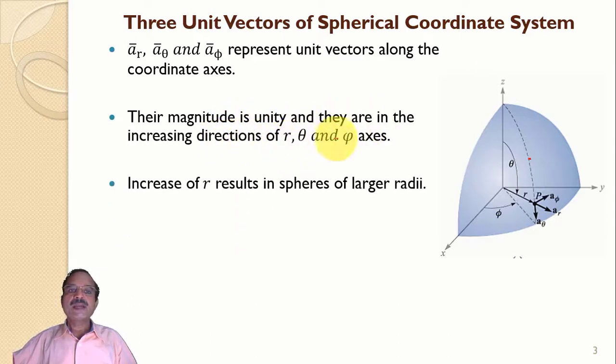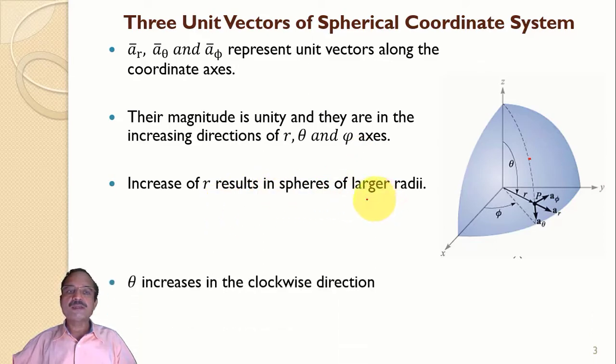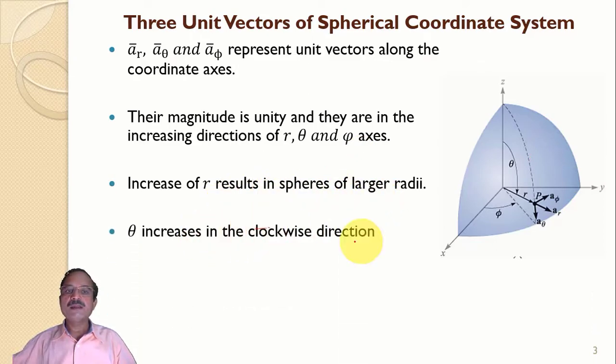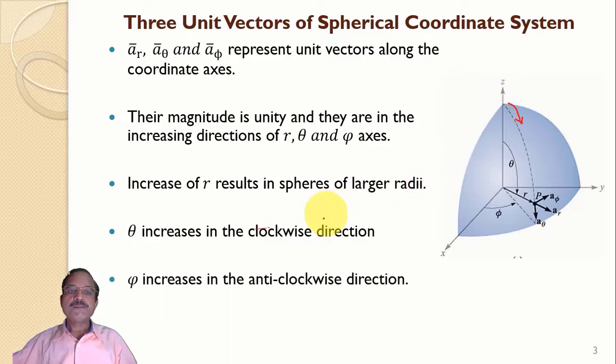They are in the increasing directions of r, theta and phi. Increase in r results in spheres of larger radii. Theta increases in clockwise direction, so theta increases downwards in the clockwise direction, and theta equal to 0 is this z-axis. Phi increases in anti-clockwise direction. So this is the direction along which angle phi increases, and at phi equal to 0 the plane coincides with x-axis.